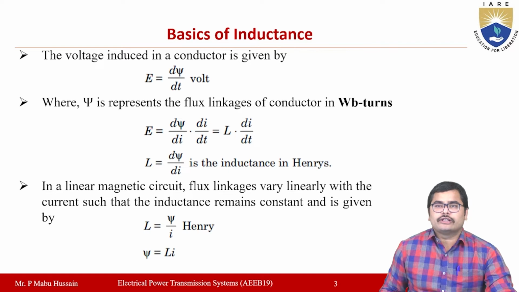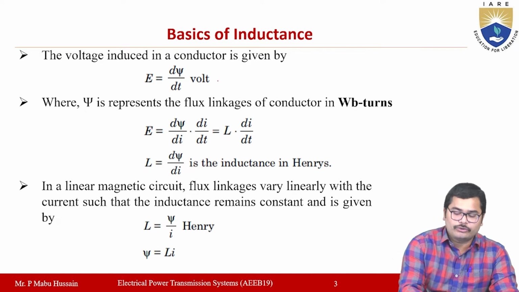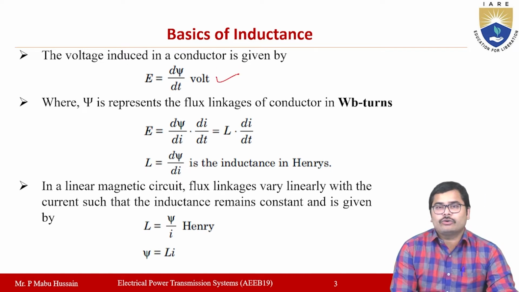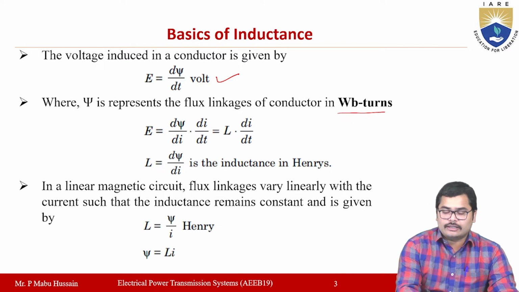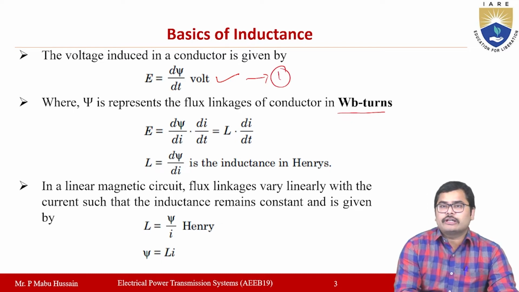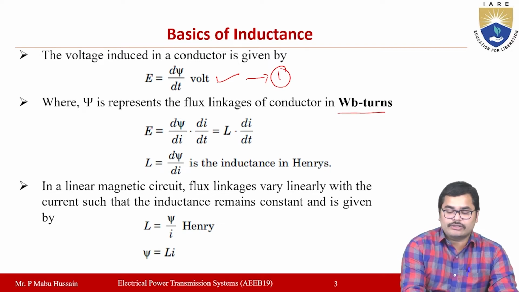Before going to discuss that, you need to recall some of the basic fundamentals of inductance. The voltage induced in an inductor is given by the expression E is equal to d phi by dt. Here phi represents the flux linkages of conductors and the unit for flux linkages is Weber turns. This equation can be written as d phi by di into di by dt, where we are dividing and multiplying by di.